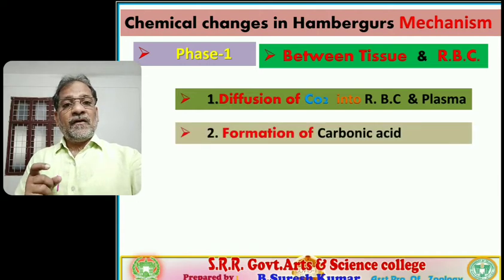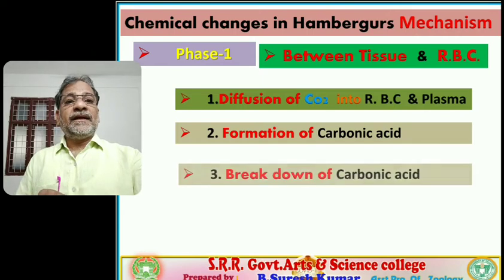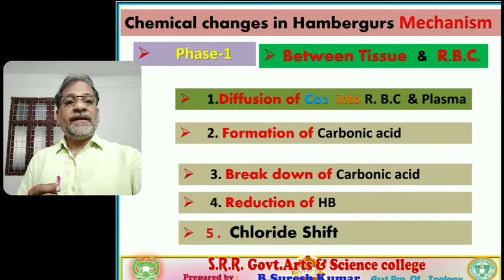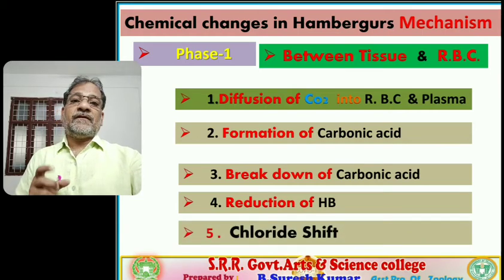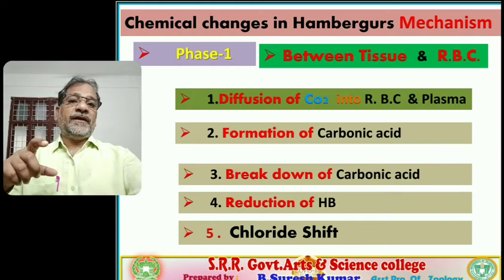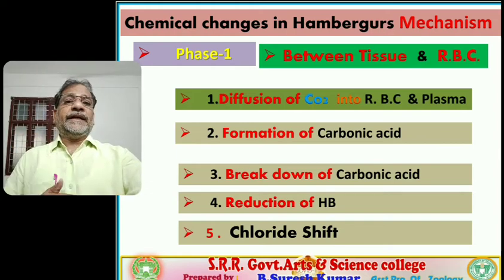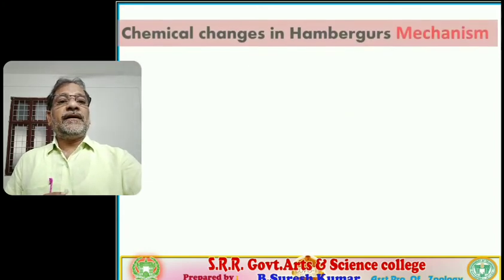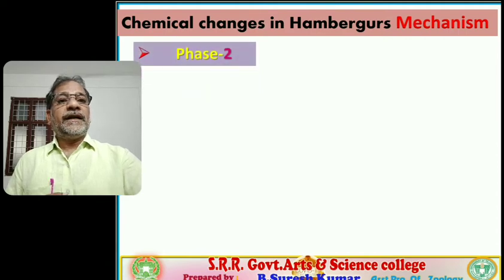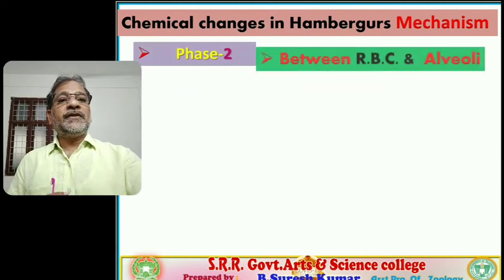Second is formation of carbonic acid. Next, breakdown of carbonic acid, reduction of hemoglobin, and chloride shift. These 5 changes occur in phase 1. Follow, students? Right.